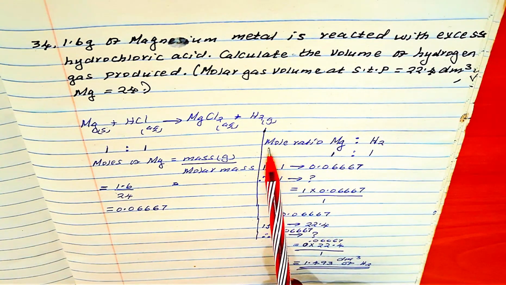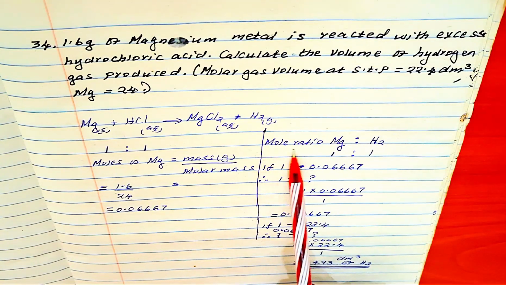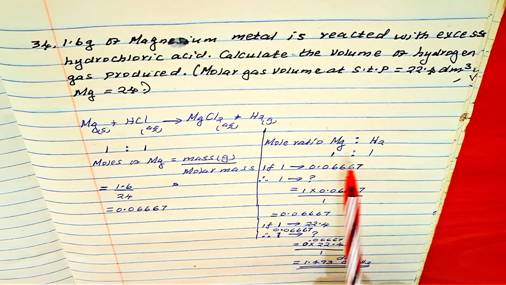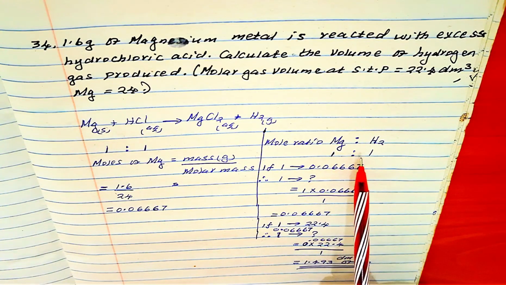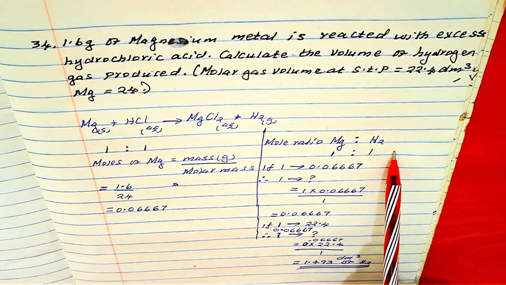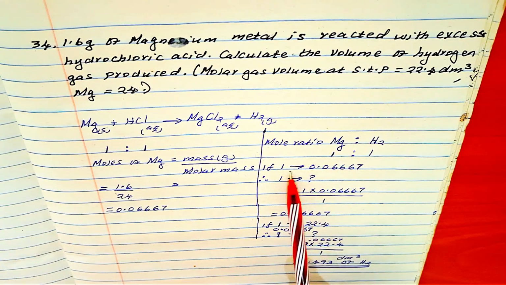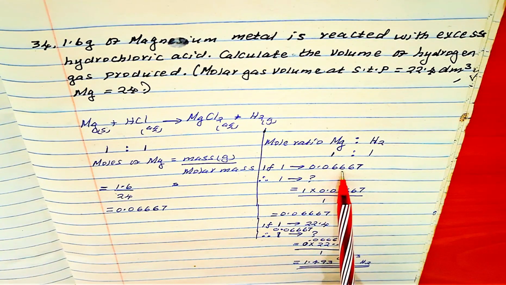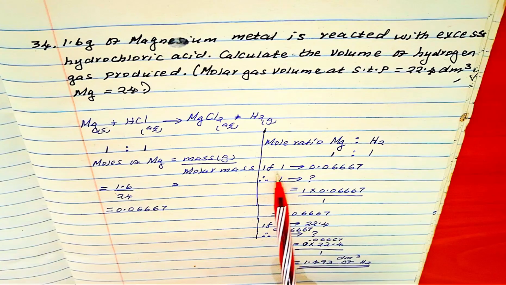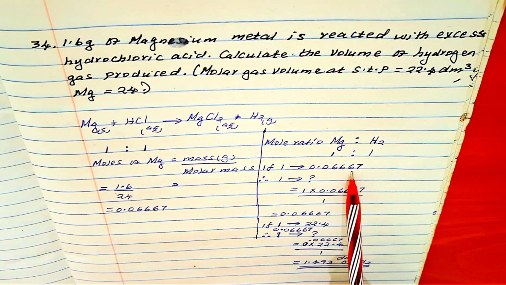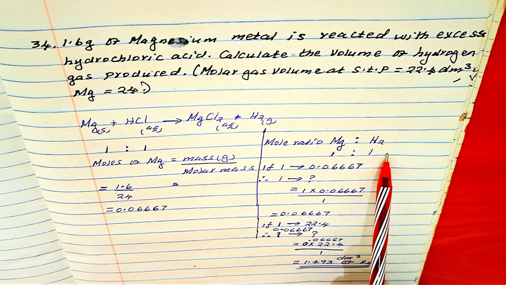So the next step, we show the mole ratio of magnesium and hydrogen. So 1 mole of magnesium produces 1 mole of hydrogen. So we now ask ourselves, if we know that the number of moles of magnesium is 0.06667, so we'll say if 1 for magnesium is 0.06667, what about 1 for hydrogen?